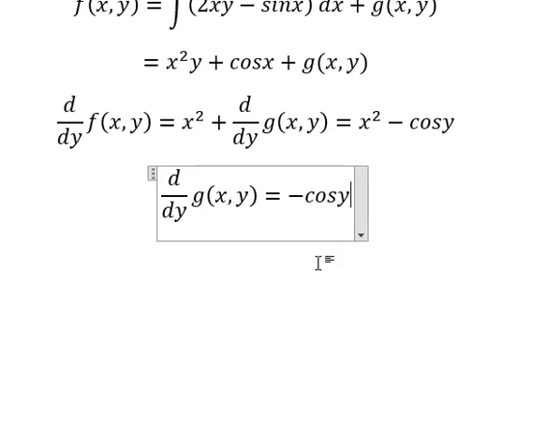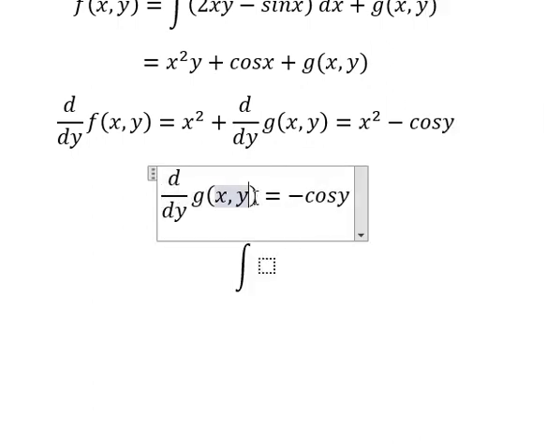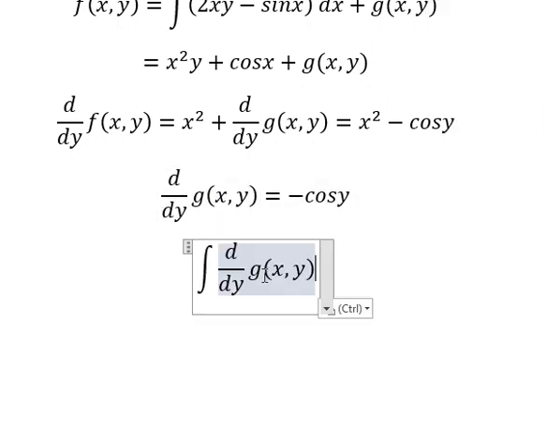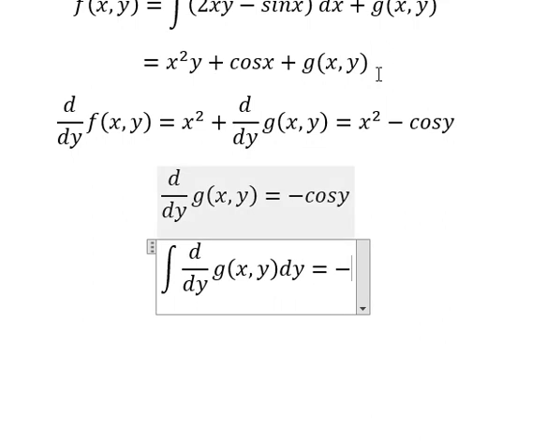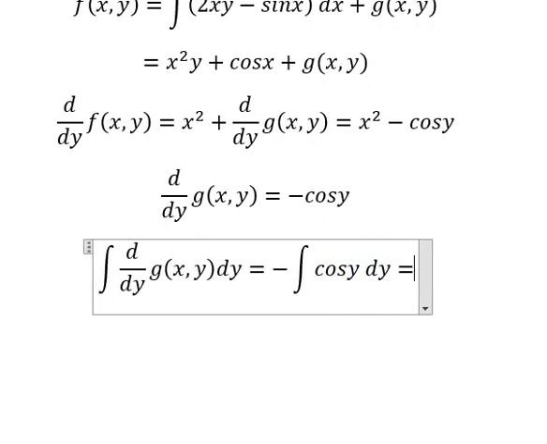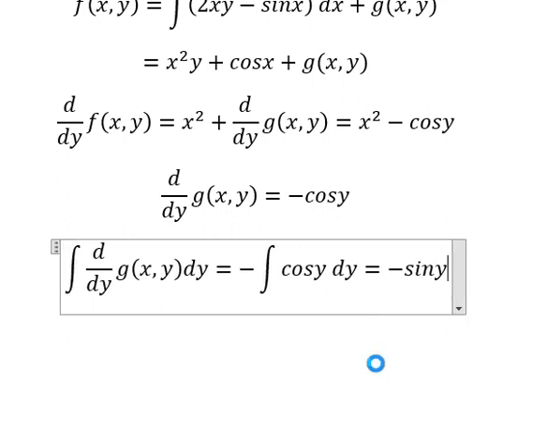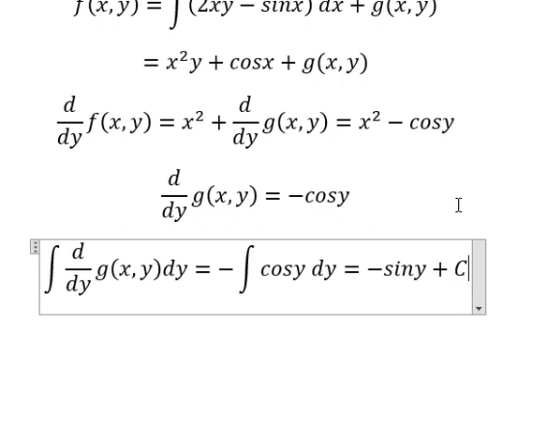So we put the integration for both sides. So the integration of this one, that is negative sine y, and I will put c.